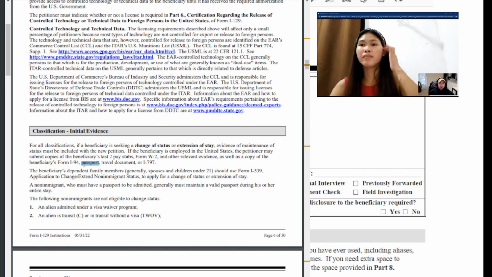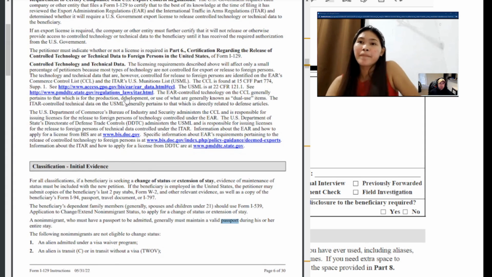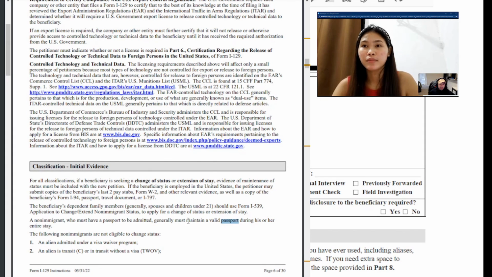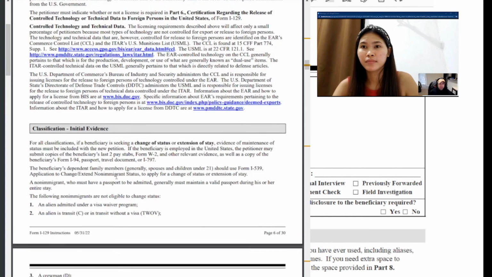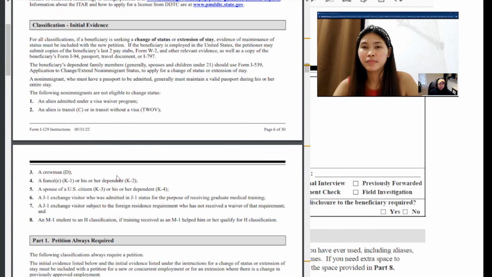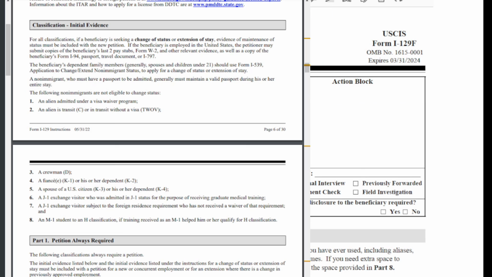You can keyword search different things on here, like where it says classification and initial evidence. It's very important that you read this, because it's going to tell you exactly what you need, so you're not missing things or anything like that.